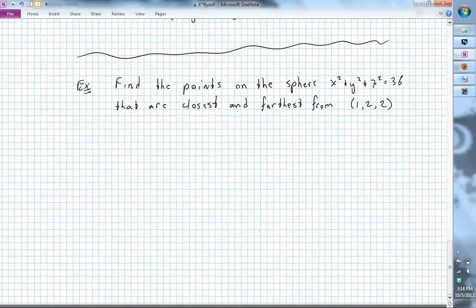Okay, so we've got a sphere. And this sphere is centered at the origin and has radius 6. If I want to draw a nice general picture, probably the first thing I should figure out is where this point is with respect to the sphere. Where is this point with respect to the sphere? It's actually inside.